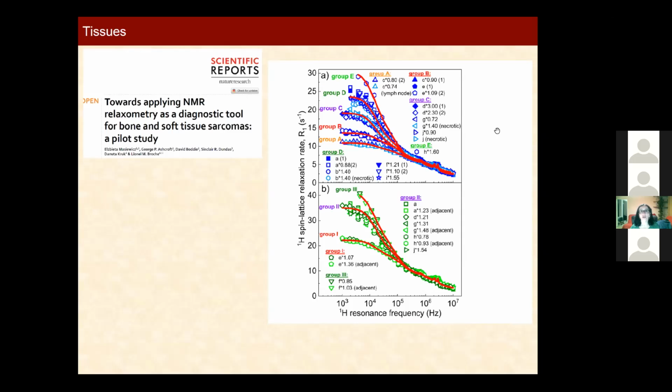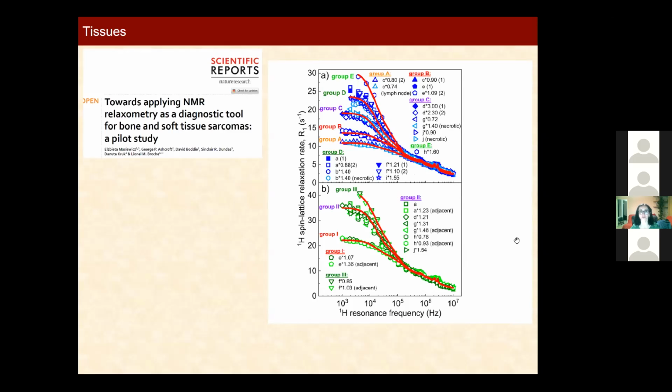Actually, Lionel had already lectured about whether the data differ or not, whether one can detect cancer in this way. This is a separate subject. But you see that there is also a slight effect of the quadrupole peaks, and you have fits here.